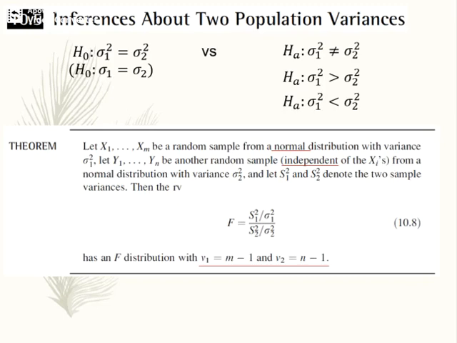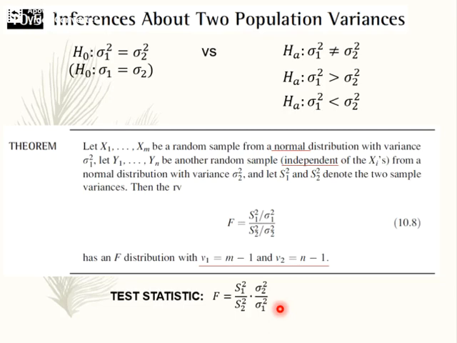So this is going to be the basis of our test statistic. We're going to build it from here. If I start off with the result that they've given us, you can rewrite this like this: s1 squared over s2 squared times sigma 2 squared over sigma 1 squared.